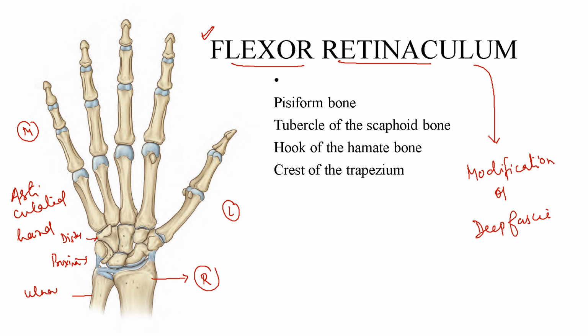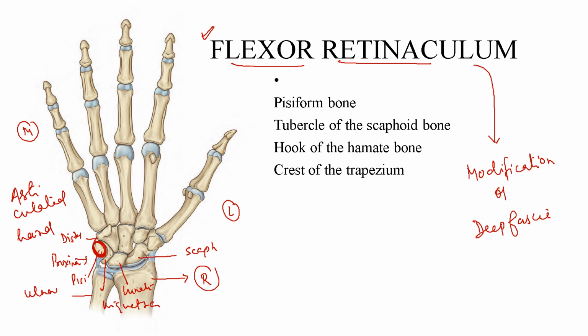From lateral to medial in the proximal row, you can see the scaphoid, then the lunate, then medial to the lunate the triquetral, and the small spherical bone on the medial side is the pisiform.